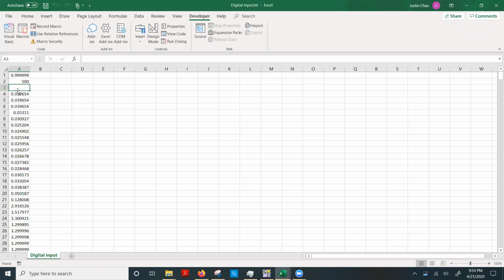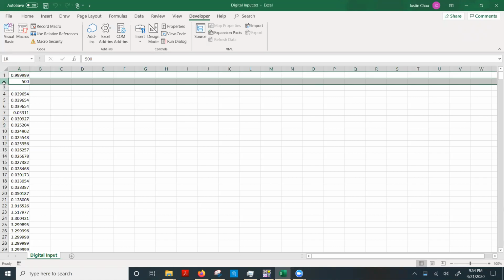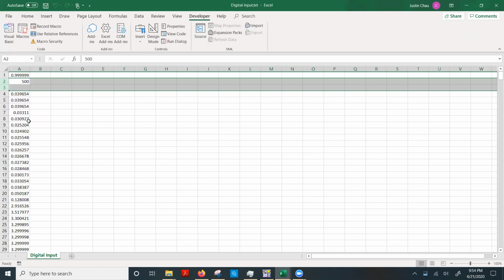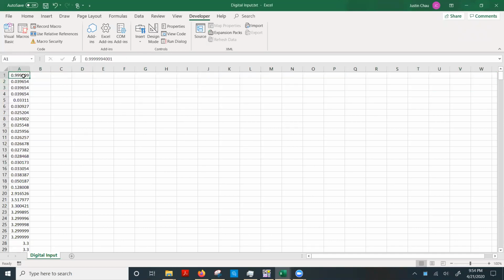So that's why this one is blank. And notice that it still says an offset of 500 millivolts, but for the digital signal, there is no offset. So I can remove these two rows like that. This top row is still 1 millisecond approximately, because this is the maximum time. We'll still need that. And then the rest of those samples are just data.